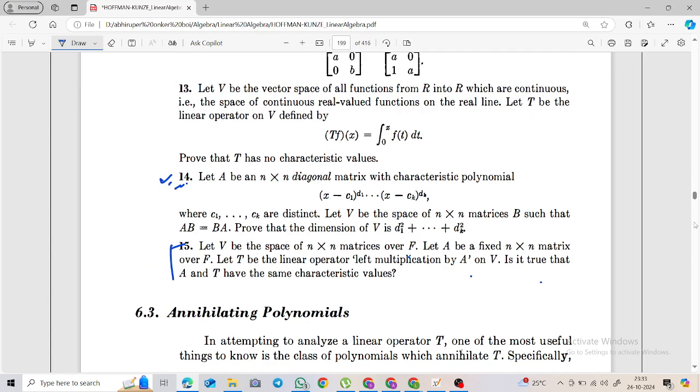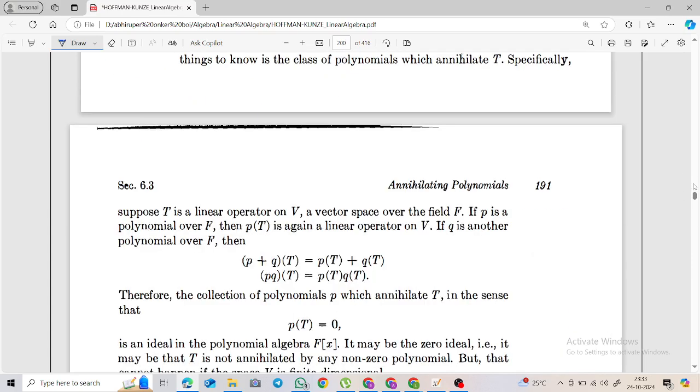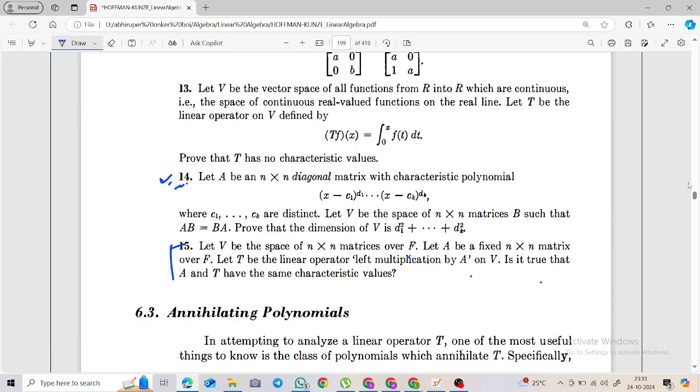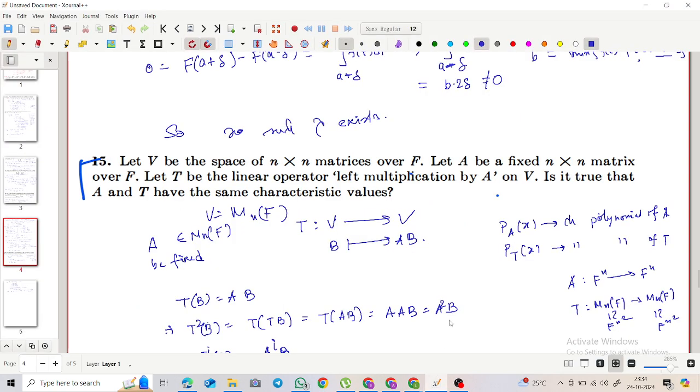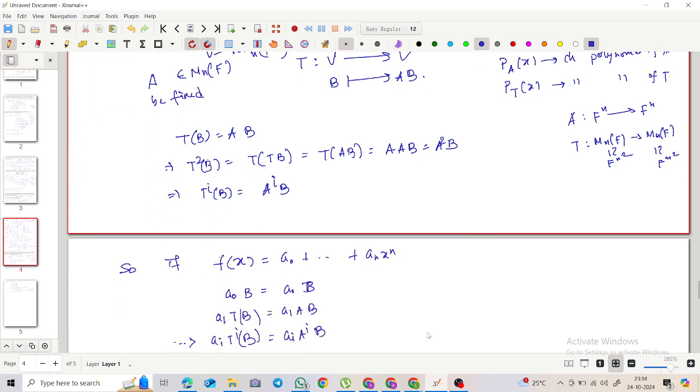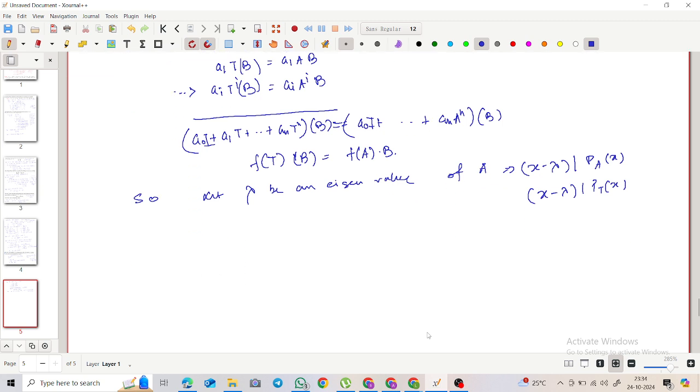But you have to define minimal polynomial, then you will have to say that a minimal polynomial has all the roots of the characteristic polynomial, only then you can conclude this. Okay, but I think, can we do this?